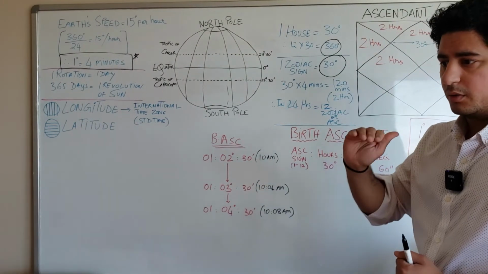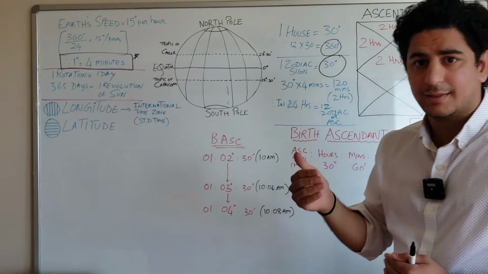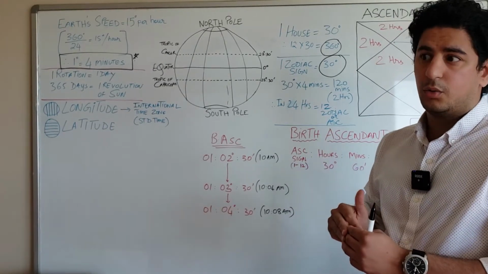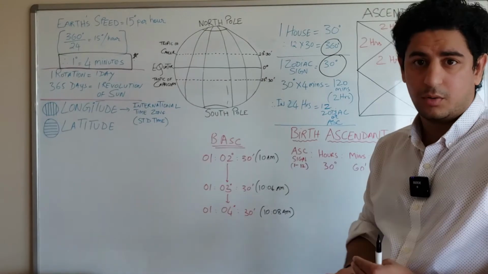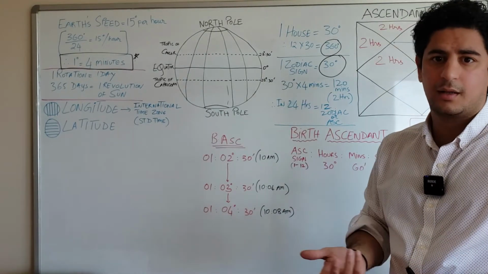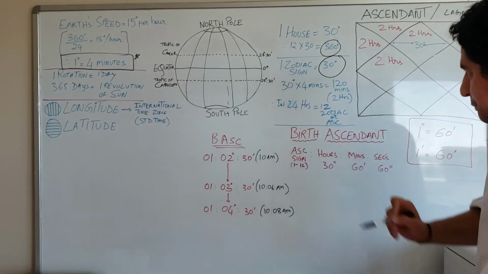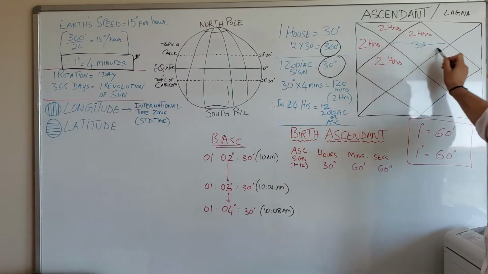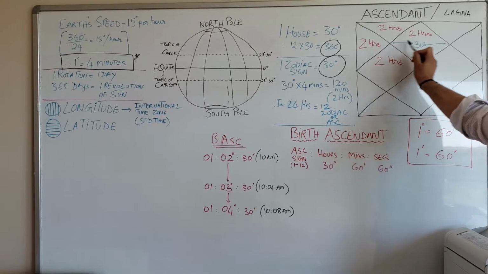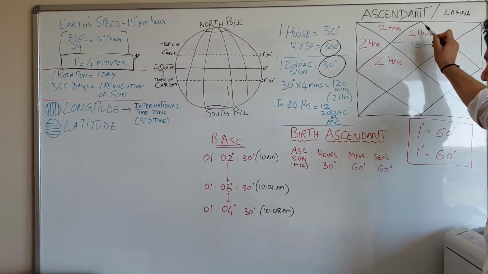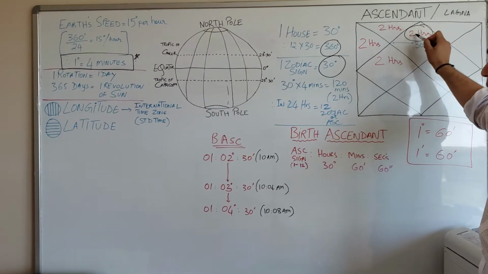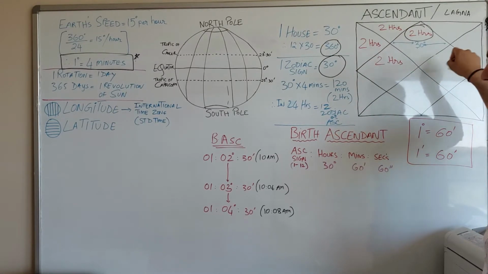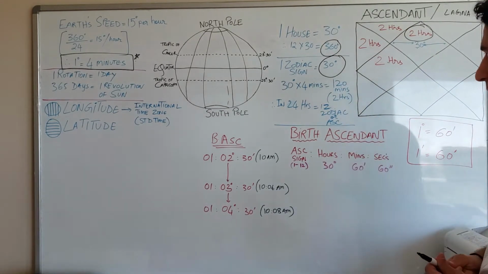So say for example, today Aries is rising with the sun at sunrise time, and for Aries to rise again tomorrow, it is going to take 24 hours, which means that to complete a 30 degree house, it approximately takes 2 hours. So 2 hours, 2 hours, 2 hours. When I multiply 2 hours by 12, it is 24 hours.